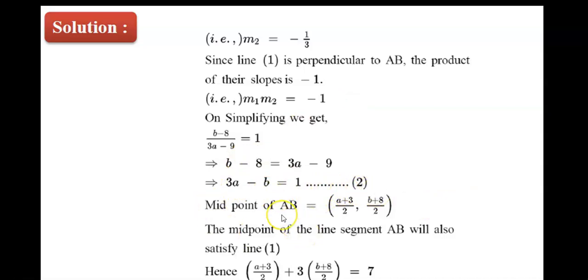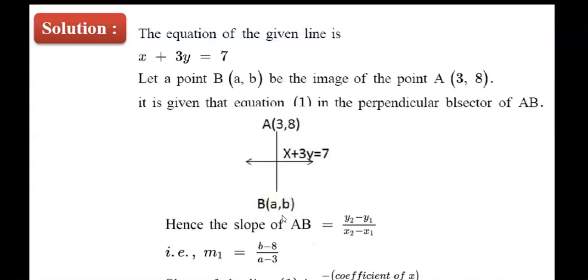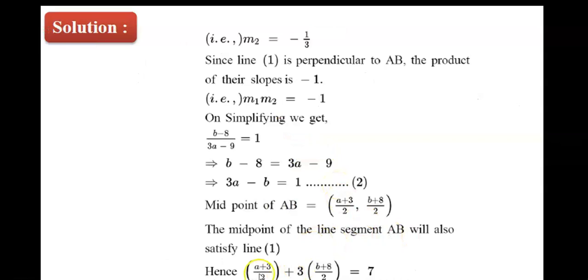And what is the midpoint of the line AB? A is 3, 8, B is a comma b. So what is the midpoint? (a plus 3) by 2 comma (b plus 8) by 2, and that midpoint will lie on this line. So you substitute that midpoint in the place of x and y in x plus 3y is equal to 7. In the place of x you have (a plus 3) by 2, and in the place of y you have (b plus 8) by 2.